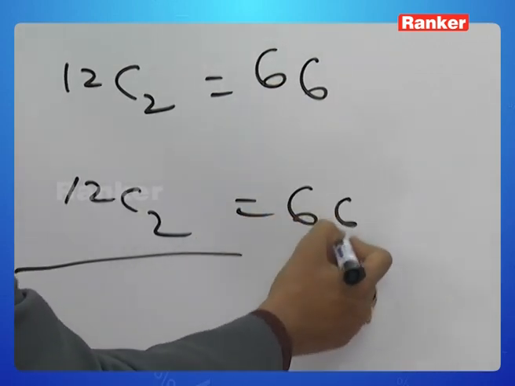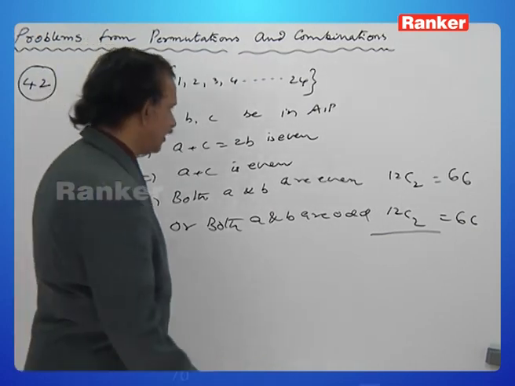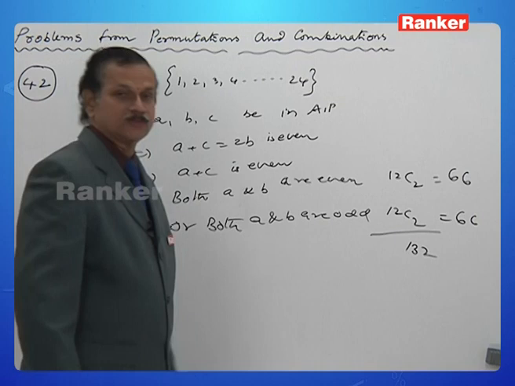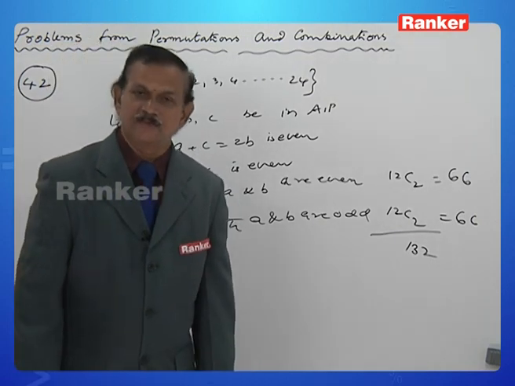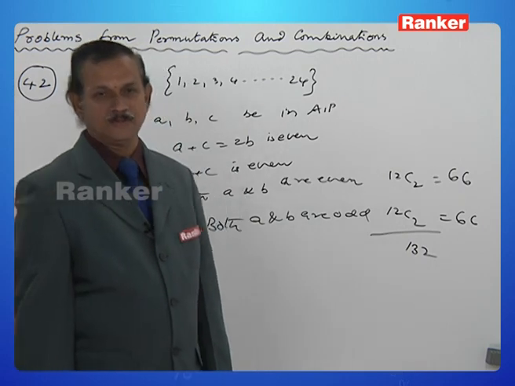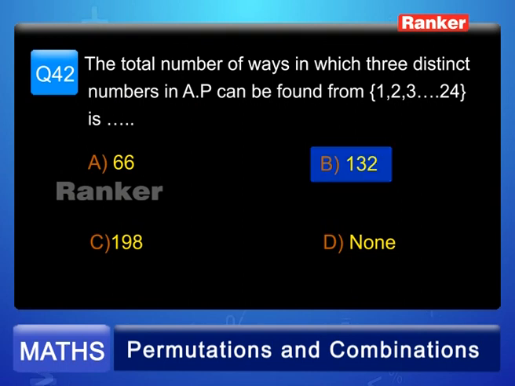Again that is 66. 66 plus 66 is 132. What is the answer? 132 is the right answer. That is option B is the right option.